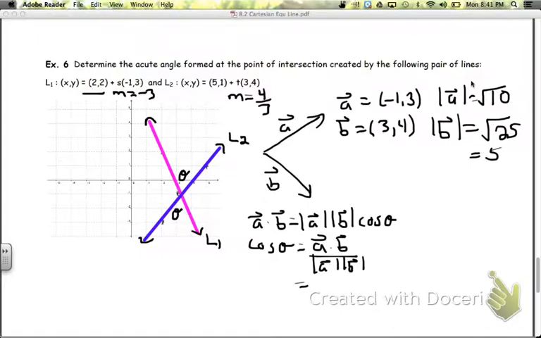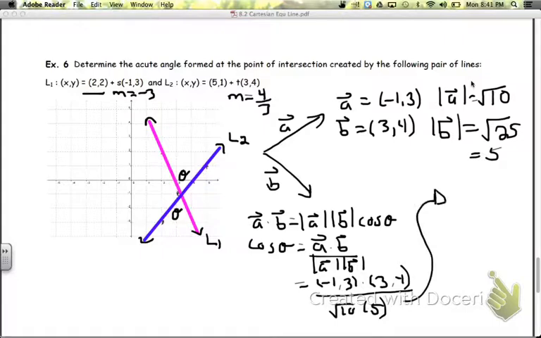Now we do the dot product between A and B. That's negative 1, 3 dotted with 3, 4, all over root 10 times 5. What we're going to get is negative 3 plus 12 over 5 root 10, which is just equal to 9 over 5 root 10.